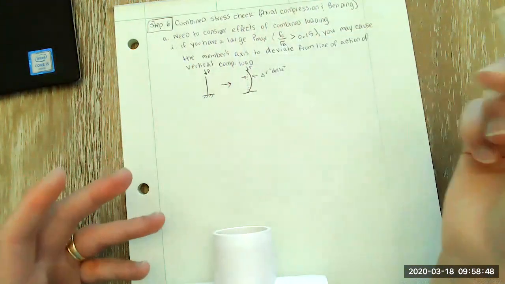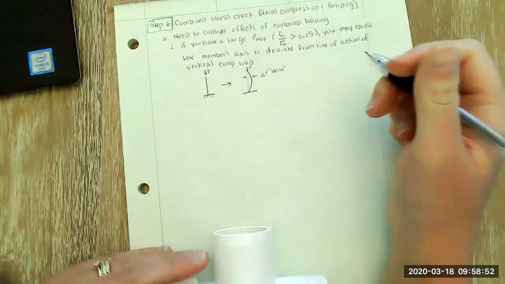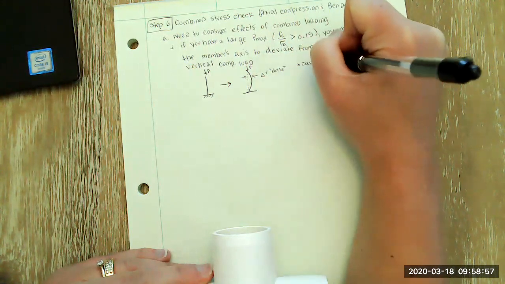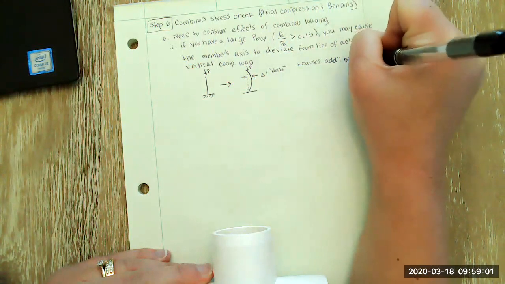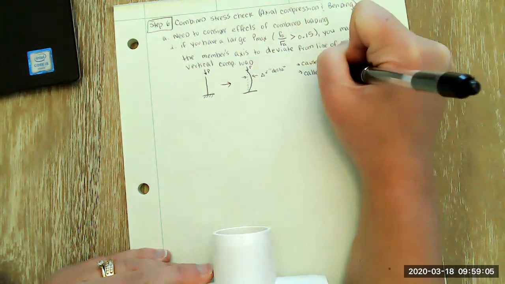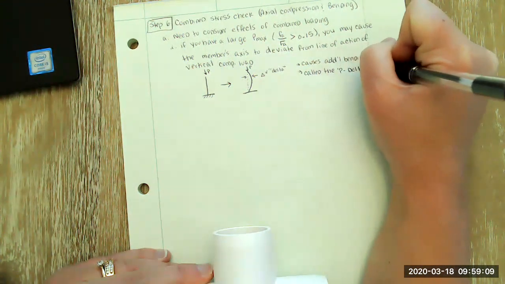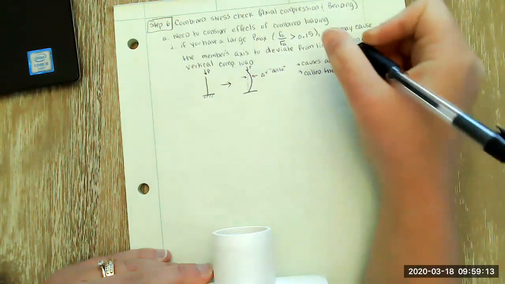And this will cause additional bending in addition to the bending that you already have due to lateral load. So this causes additional bending. And this is called the P delta, or P, this is the Greek symbol for delta, effect.